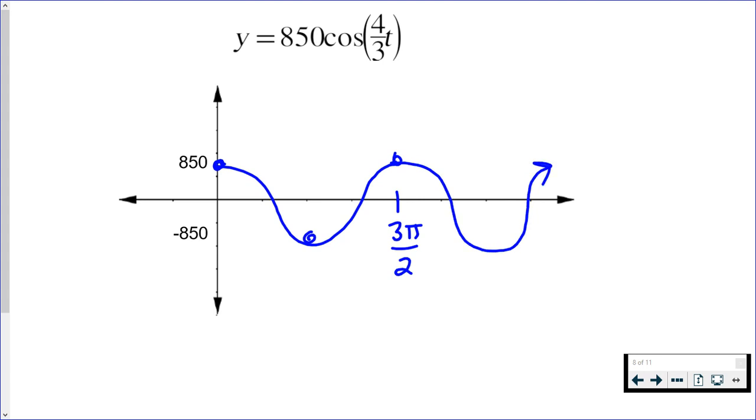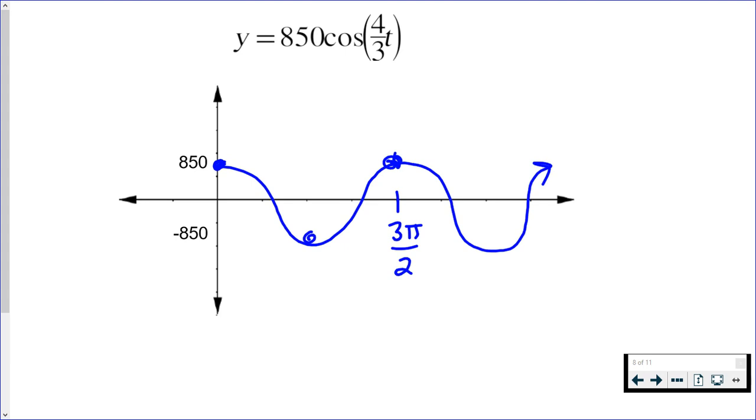Now remember, these do go on forever, but between those 2 points on the top, that would be one period. So between 0 and 4.7 years, the population starts at its peak of 850, and then it dips down until it gets back up to 850 again after approximately 4.7 years, or 3 pi over 2.